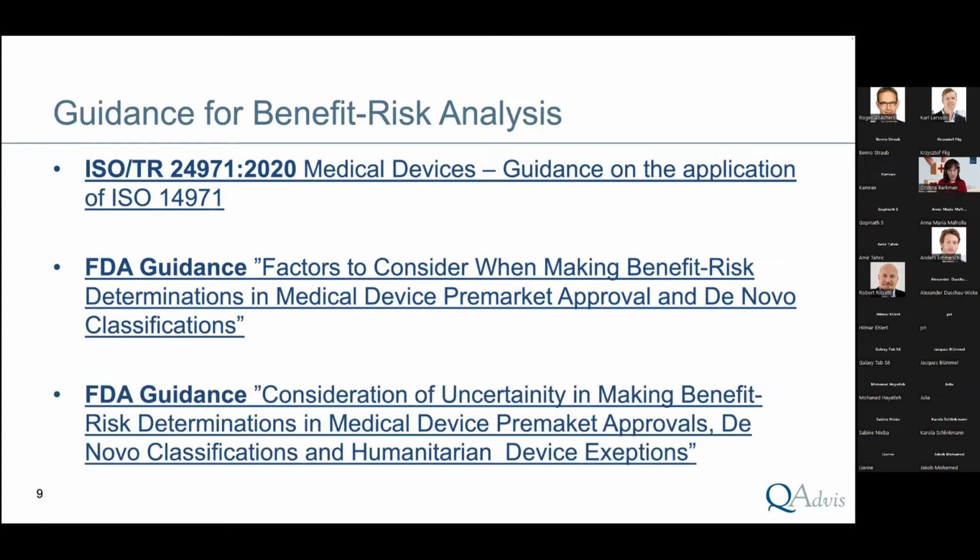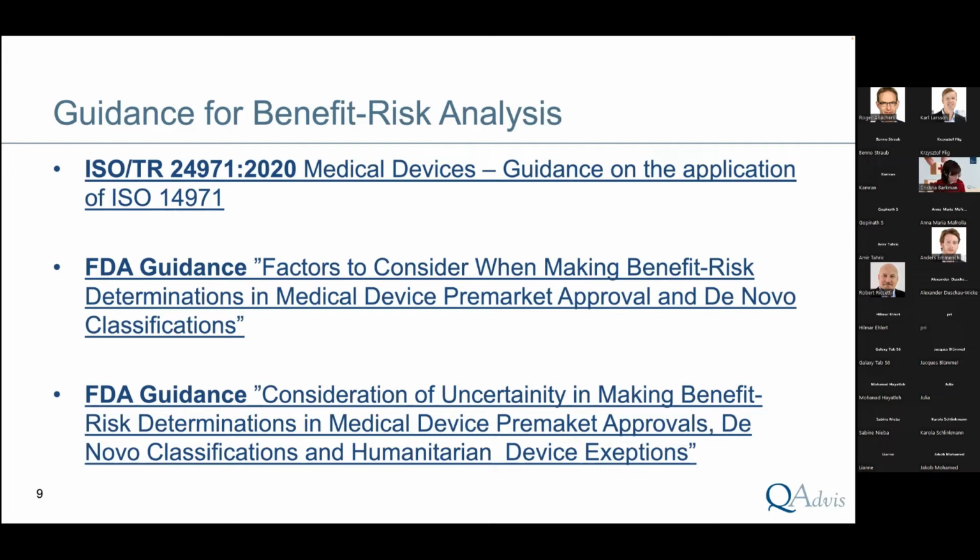And the second one is Considerations of Uncertainty in Making Benefit-Risk Determination in Medical Device Pre-Market Approvals. If you look into these 3 guidances, you will get quite a lot of useful tips in how you could do good benefit-risk analysis and how you should support it with data.